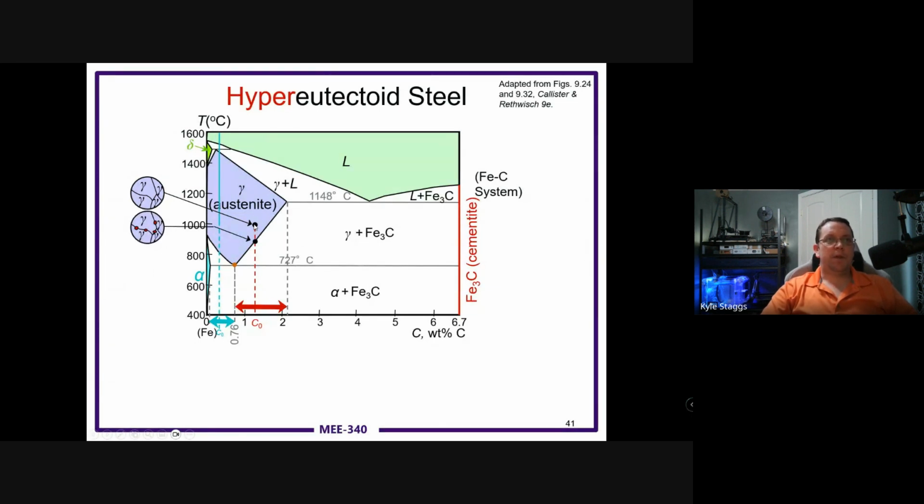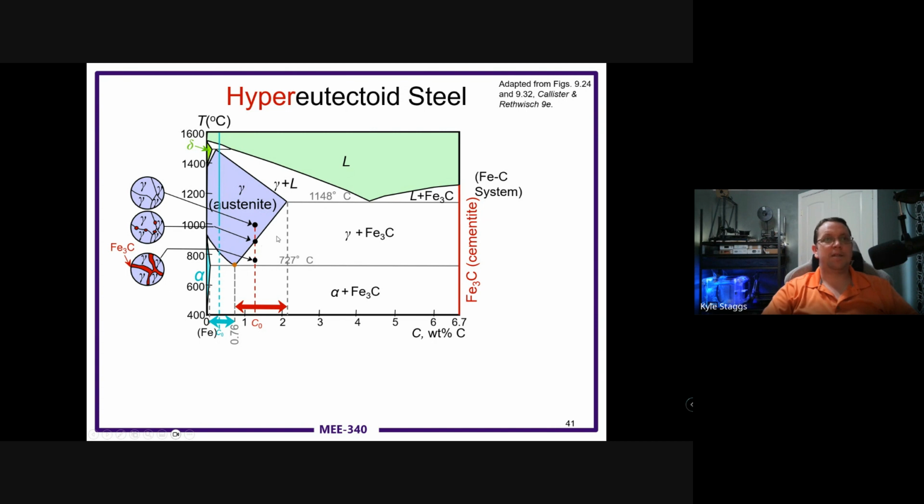So same deal, we heat it up. As we cool it down, we start getting these small grain nucleations for this particular composition as we hit that phase envelope. So then we get a combination or mixture of the two, and same deal. So it's still iron carbide. Here we've actually got not just alpha, but we have iron carbide.